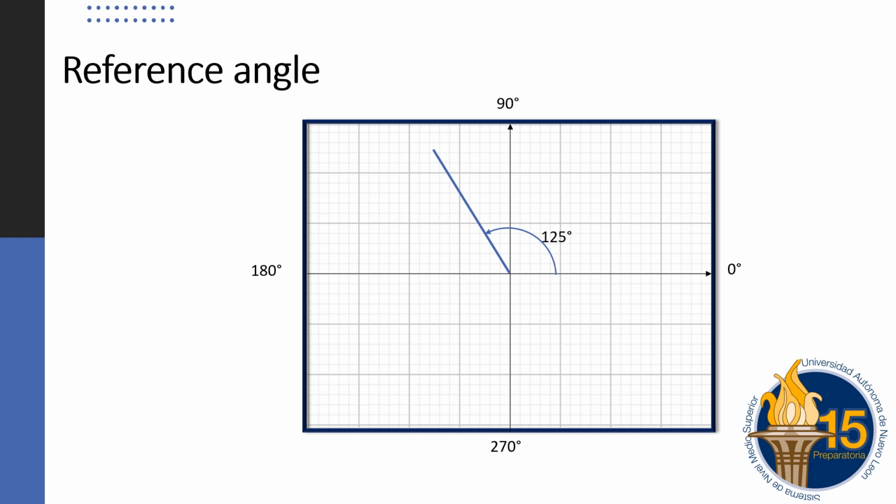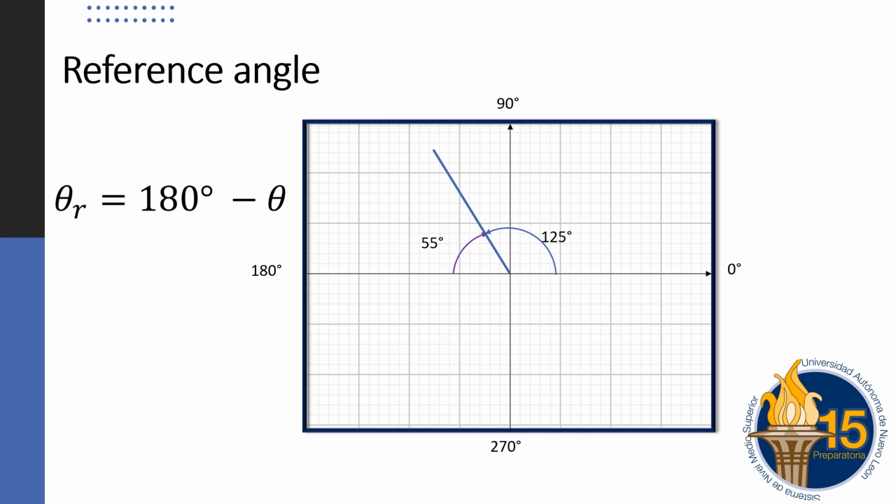Its reference angle is the one formed between the terminal side and the negative x-axis. That means that it is the angle closer to the x-axis. So, in this case, the reference angle is 55 degrees, because between 125 degrees and 180 degrees, there is a difference of 55 degrees.